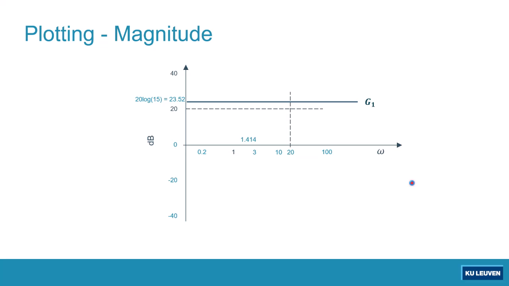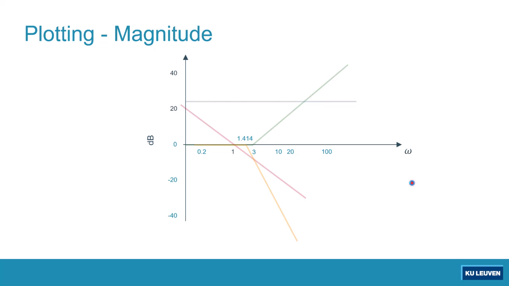This is the magnitude plot for G1, G2, G3, and G4. Having all of these magnitude plots, the magnitude plot for the complex system will be just the superposition of all 4 magnitude plots.